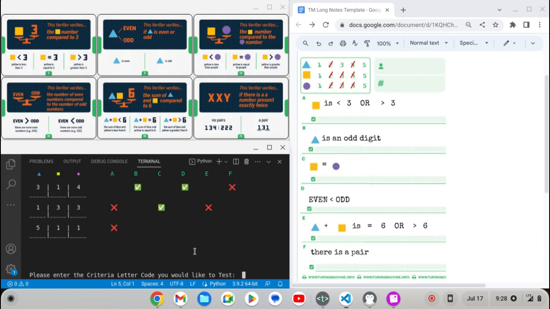Okay, so we know that square is not a 1, so it must be a 5, as I sort of concluded. So let's go update our notes for A. That square is not less than 3, so it must be greater than 3. And since that's the case, square is not a 1, and neither is circle.